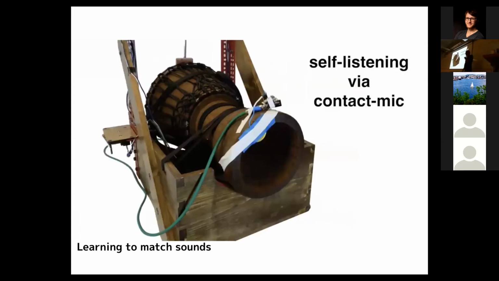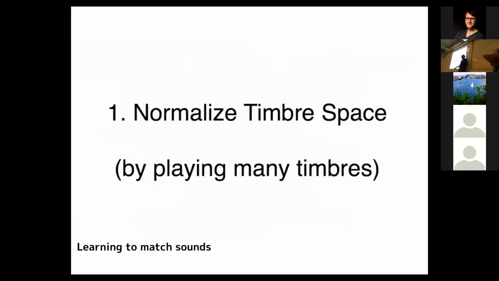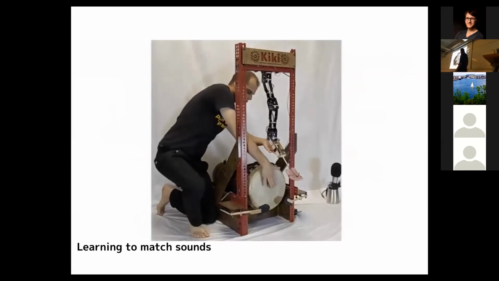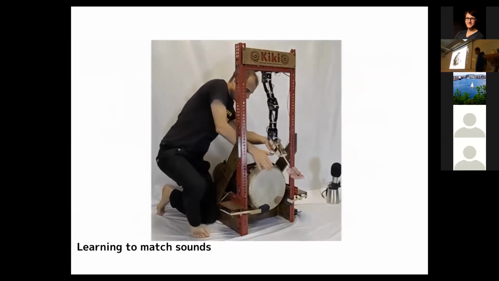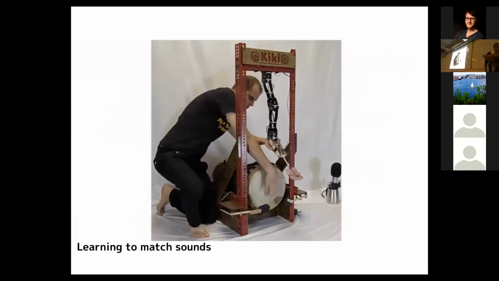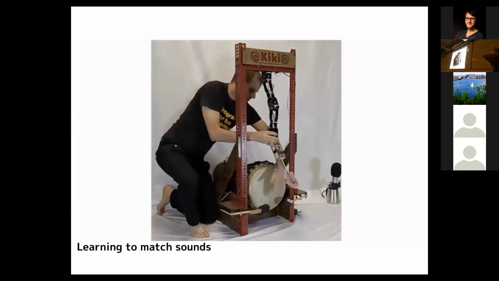Oh, and I should also point out that the robot is listening to itself through this microphone that's on the back of the drum. So I just play lots of random strokes. It just sort of calibrates everything.